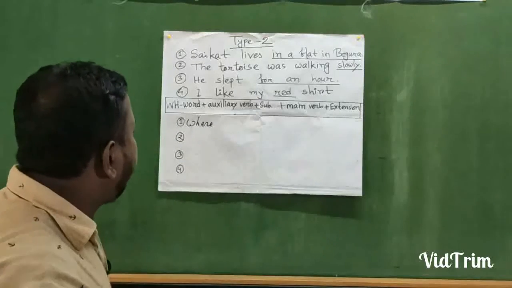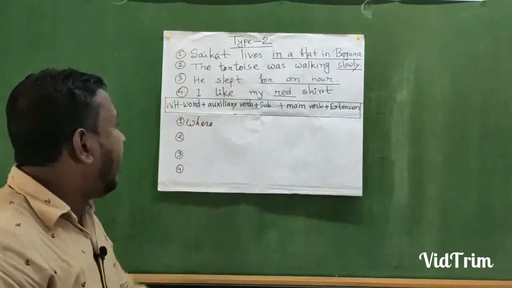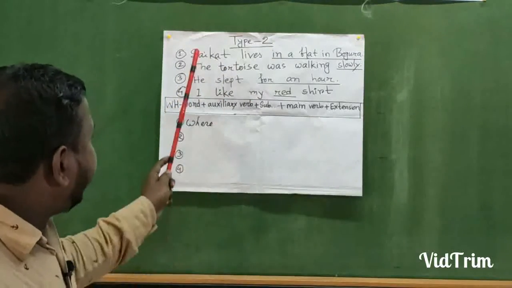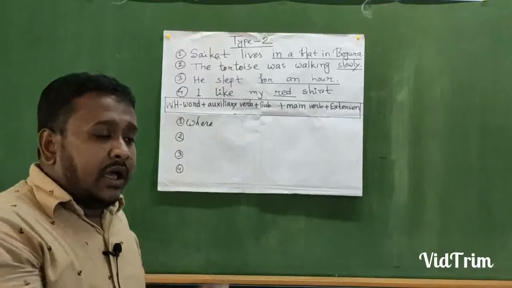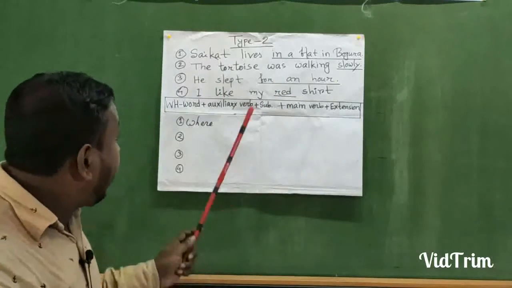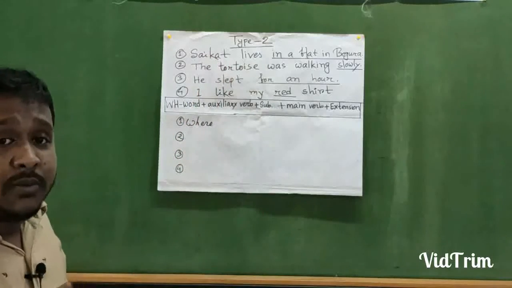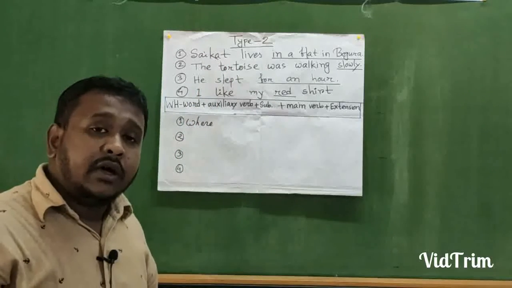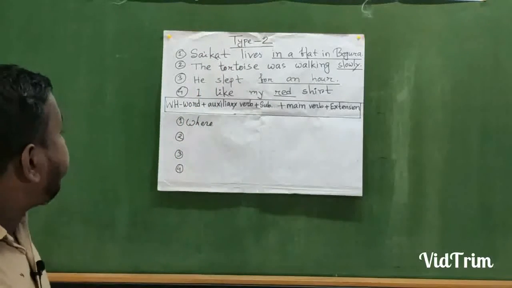Now we have to put the auxiliary verb. But look at the sentence. There is no auxiliary verb in this line. So what will we do?